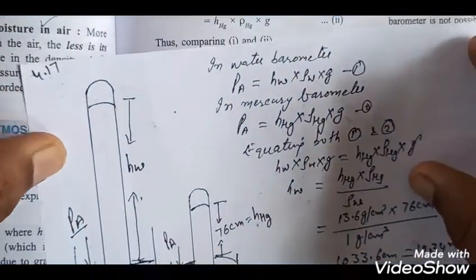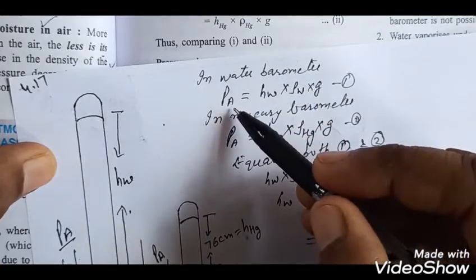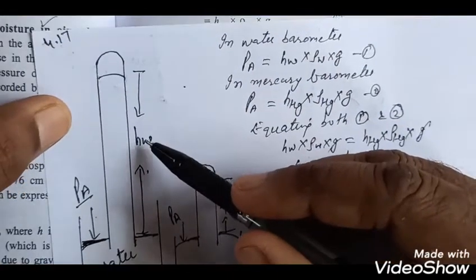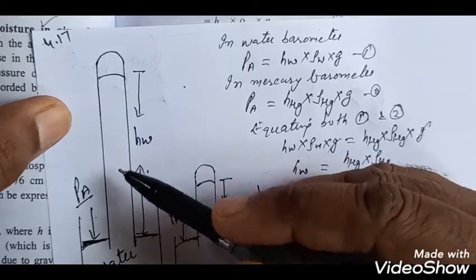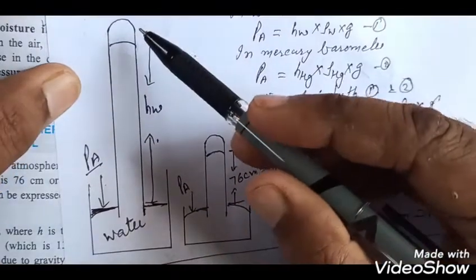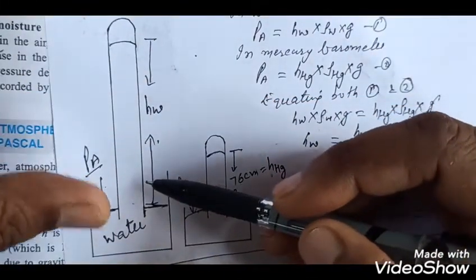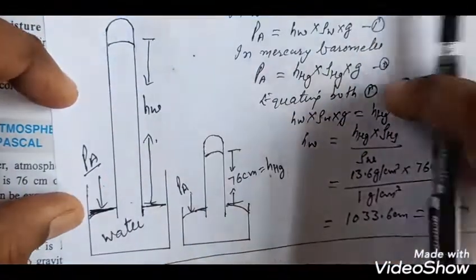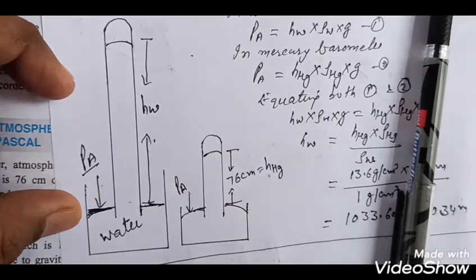Now, in the water barometer, what will be the atmospheric pressure? It will be given by HW, the height of water in the barometer. Whatever pressure is applied by HW height of water in the barometer, the same is the pressure outside.